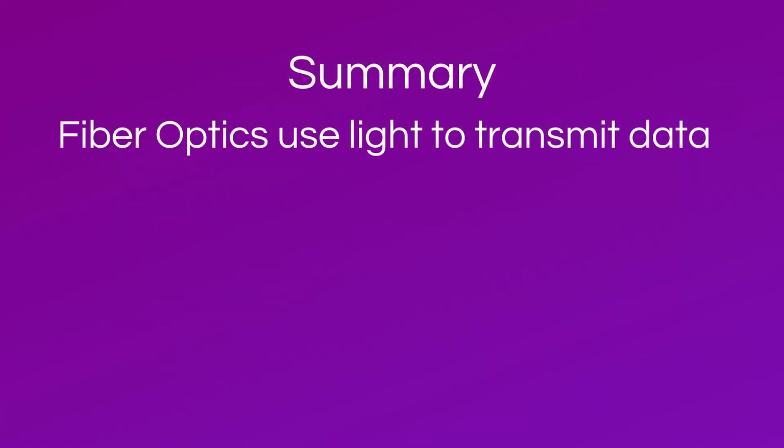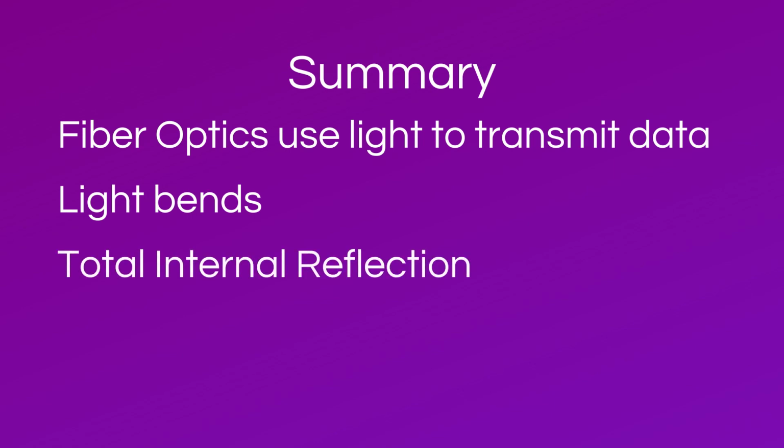In summary, we have discussed how fiber optics use the principles of light to transmit data. When light travels from a material with a higher refractive index into a material with a lower refractive index, it bends. However, depending on the materials and light angles involved, it is possible for light to travel back into the first material in a process called total internal reflection.